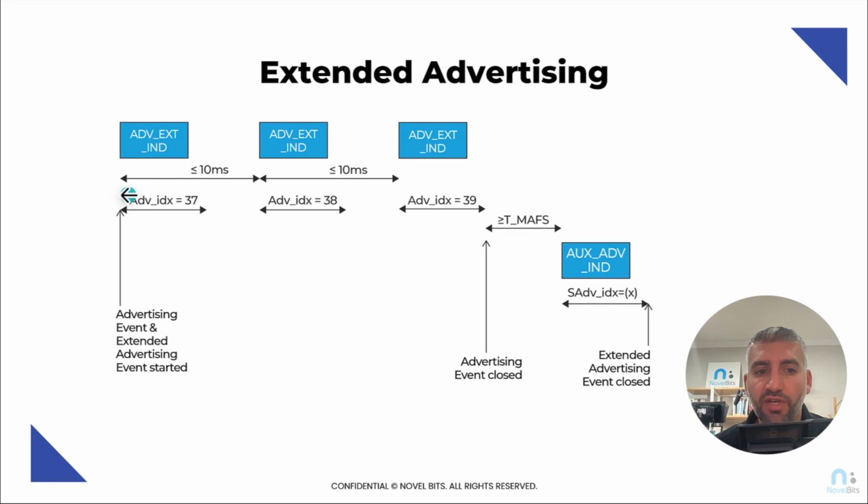At every advertising event, so every interval, if we had an interval of 100 milliseconds, then every 100 milliseconds, in most cases, you'll see 3 advertising packets sent on the primary, and each of them will contain pointers or information that tells the scanner where to find this packet that is sent on the secondary. So that's how it works, and this is where the data will be contained.